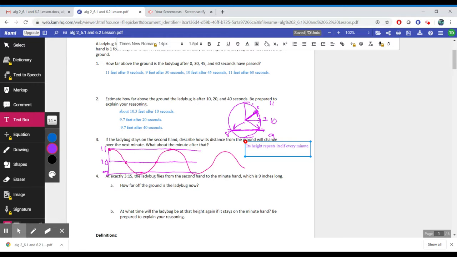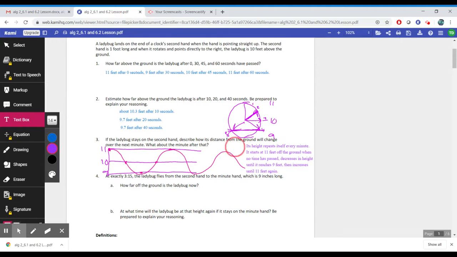And then I could be a little more specific by saying it starts at 11 feet off the ground when no time has passed. Decreases in height until it reaches 9 feet, then increases until 11 feet again.